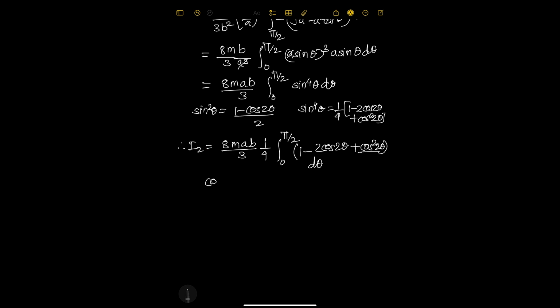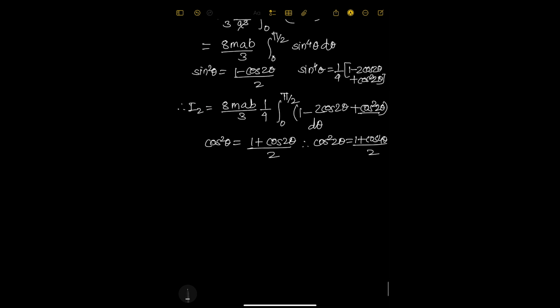Now cos square theta can be written as 1 plus cos 2 theta divided by 2. Therefore cos square 2 theta can be written as 1 plus cos 4 theta by 2.